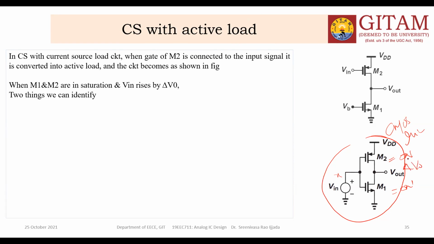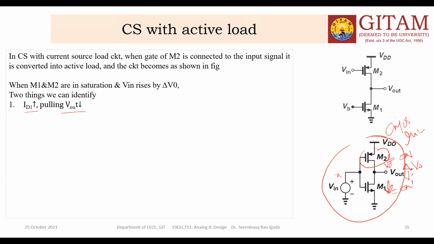The first one is that ID1 increases, which will decrease the output value. ID1 is the current in the drain of the first device, M1. Since both are on, both currents are the same, so I1 and I2 are the same, which makes some voltage drop here, and the output goes down.